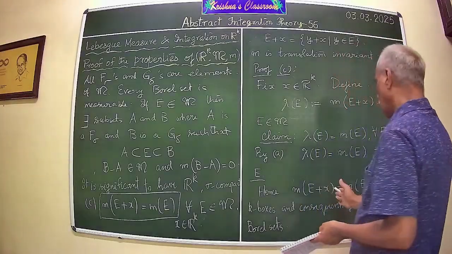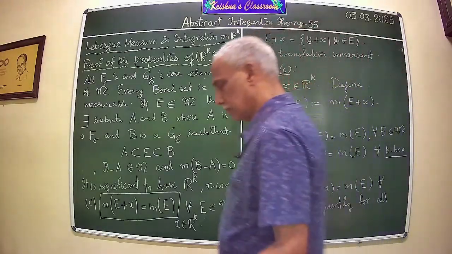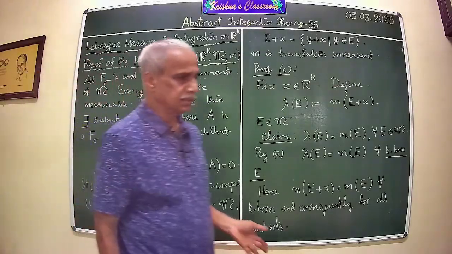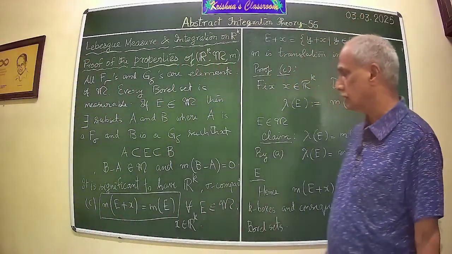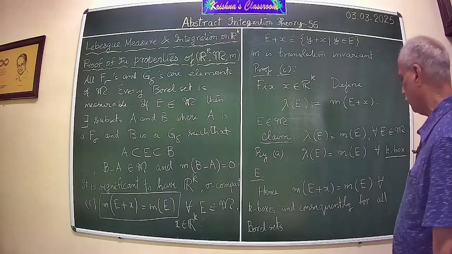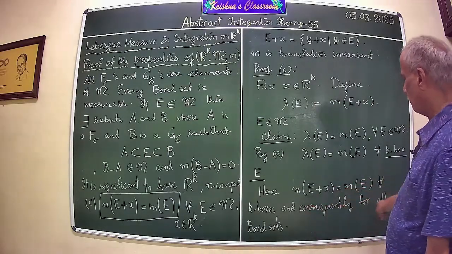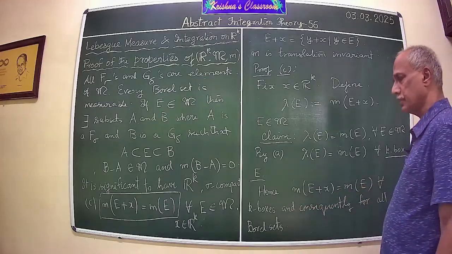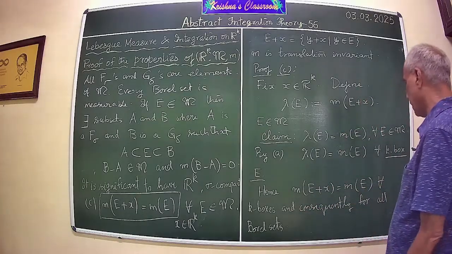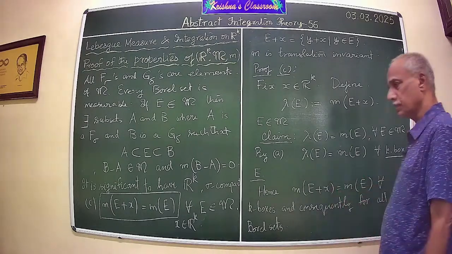Now, how do you come across this? Because you take a Borel set. A Borel set is an F sigma or a G delta. Okay, then first we will get it for open sets, because open sets can be written as a disjoint union of boxes.